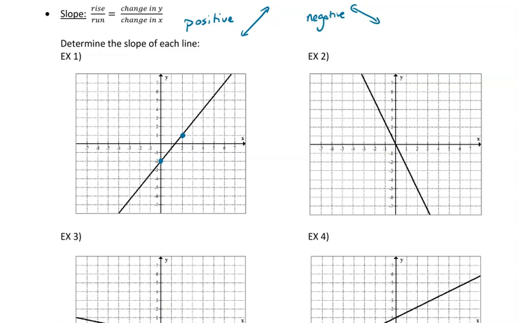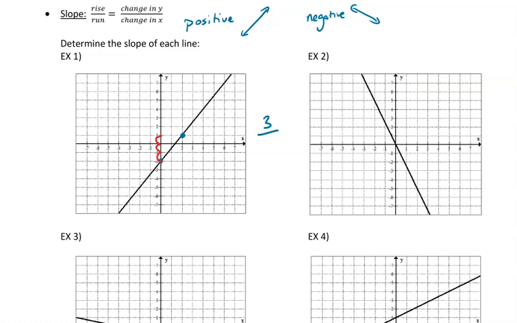Starting at this point on the left, we would have to go up 1, 2, 3, and now we are on the same level as that next point. So that means we had to go up 3 to get to the next point. That is our rise portion.